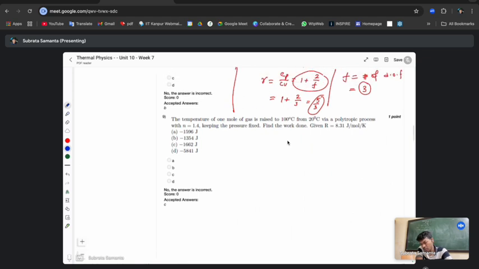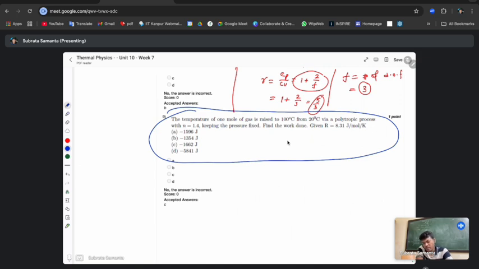Okay, so then I'll move to problem 9. The temperature of 1 mole of gas is raised to 100 degrees centigrade from 20 degrees centigrade, right? So again, first of all, note down this 1 mole of gas, and the temperature T1 is 20 degrees centigrade to 100 degrees centigrade, right?